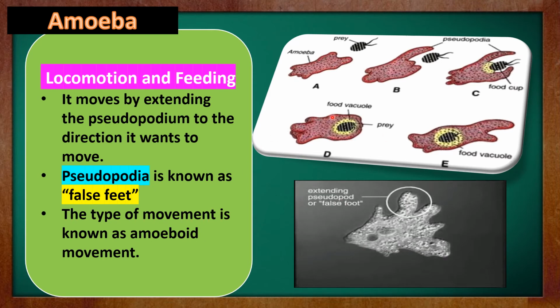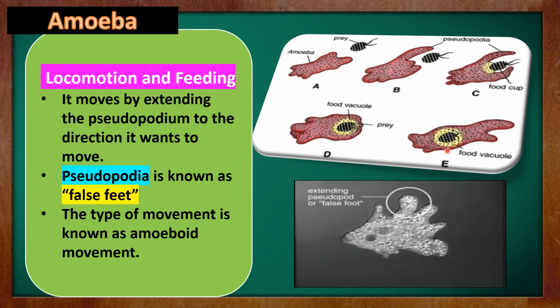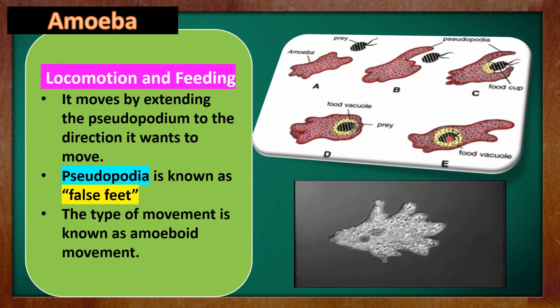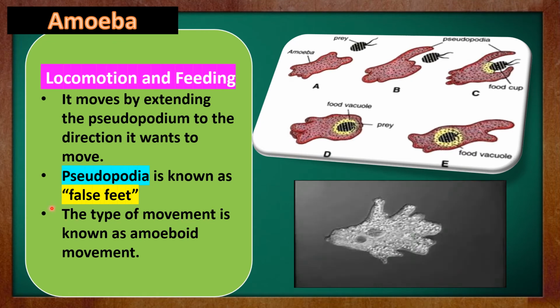Then it will form a food vacuole where the prey is totally trapped inside, until it goes inside the amoeba's body, and that's how amoeba feeds. This is also the reason why amoeba has no definite shape, because of this false feet called pseudopodia.